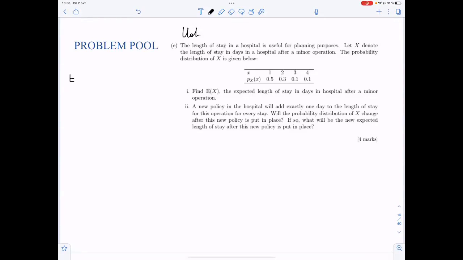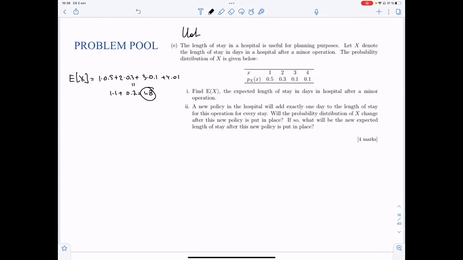So let's evaluate the expectation of X. It's 1 times 0.5 plus 2 times 0.3 plus 3 times 0.1 plus 4 times 0.1. So it's 1.1 plus 0.7, so it's 1.8. A new policy in the hospital will add exactly 1 day to the length of stay for the operation at every stay.